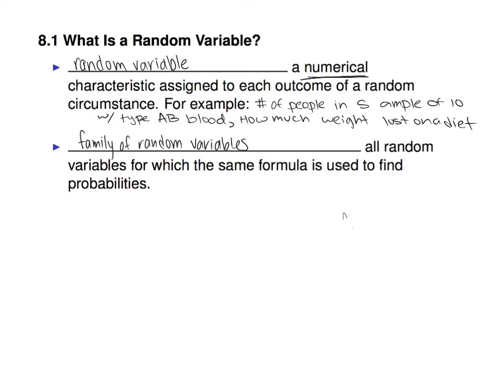We don't have any examples of this yet, but we're going to learn one a little bit later in this lesson. An example of a family of random variables is the binomial random variable category. And once you know something is binomial, you can then apply this formula you know to find probabilities.